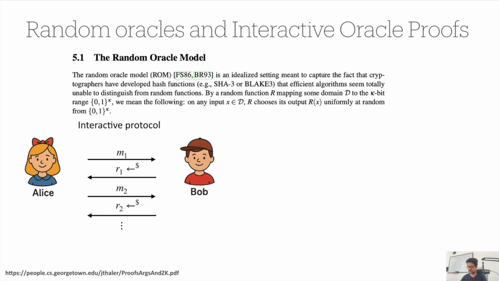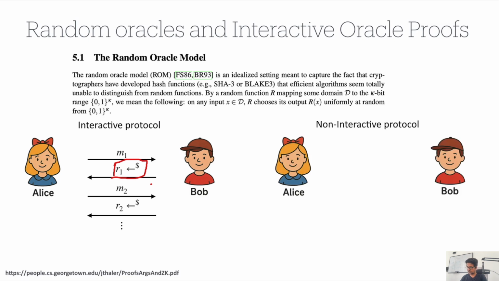The goal is to find a way to simulate the generation of this so that we can avoid this interaction step by step. So in a non-interactive protocol, this source of uniform randomness is replaced by a hash function.